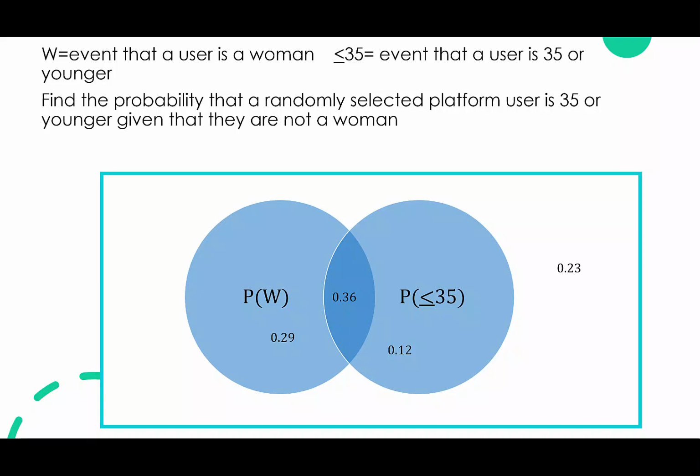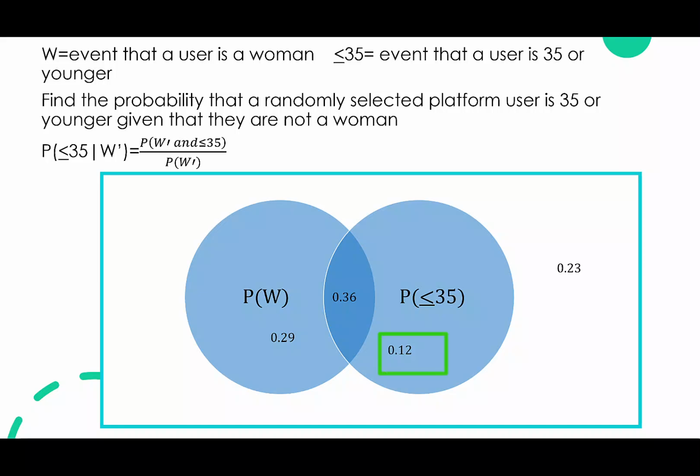Let's do one more. Let's find the probability a randomly selected platform user is 35 or younger, given they are not a woman. So again, let's write down what we're trying to do. We're trying to find the probability of being less than or equal to 35 given you're not a woman. That means we need the probability of not being a woman and being less than or equal to 35 over the probability the customer was not a woman. So not a woman and less than or equal to 35 is this 0.12 over on the right.